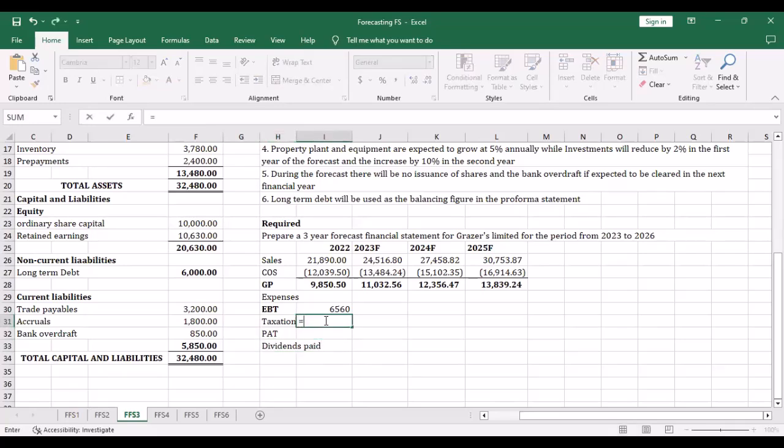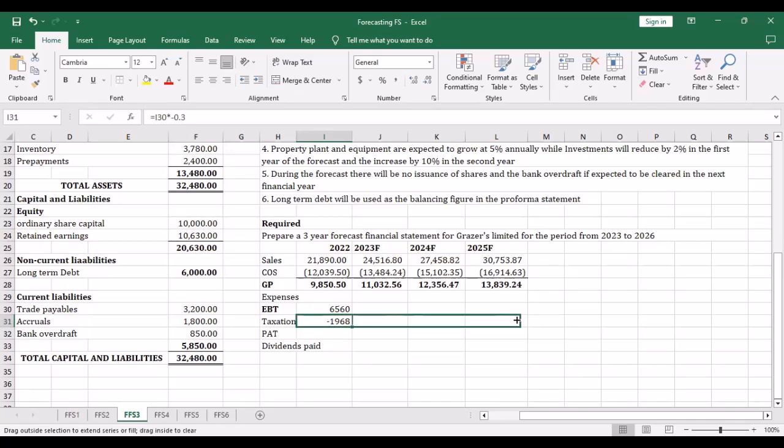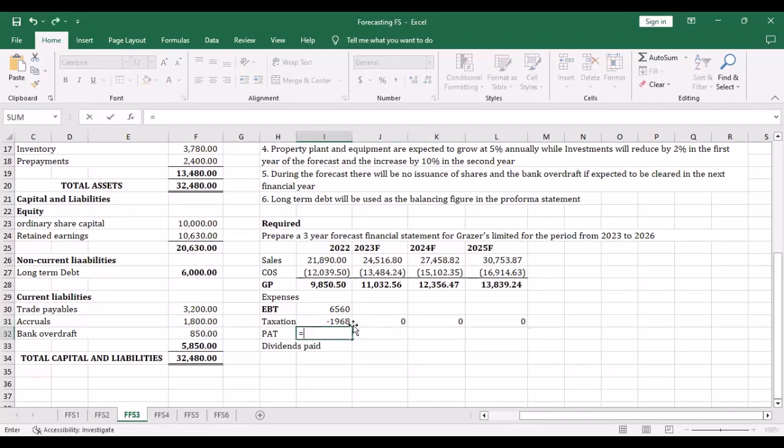Taxation, we've been told it will be 30%, so multiply by 0.3. I'll put negative 0.3 so that it comes as an expense in negative format. Then I'll drag. Then this one will be the sum: this one plus the taxation.